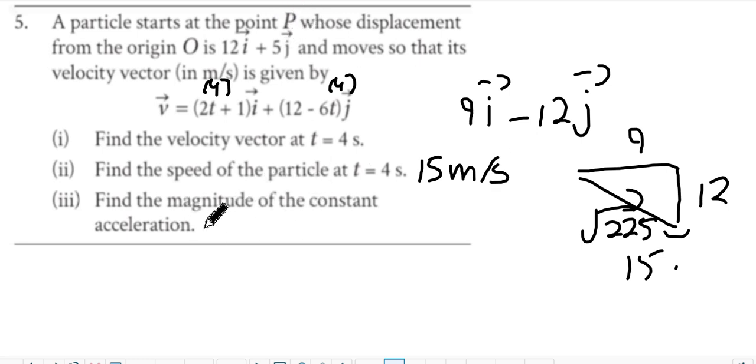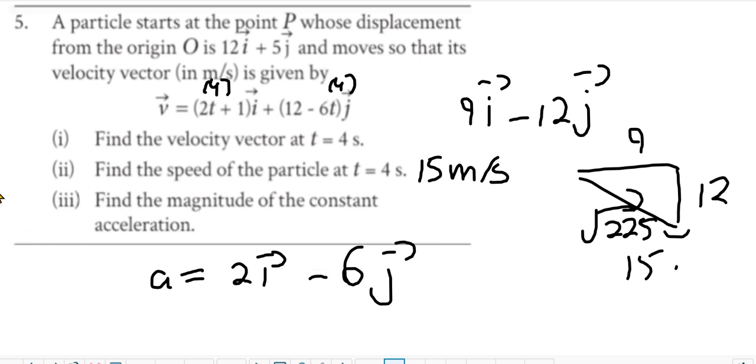Anyways, find the magnitude of the constant acceleration. All right, so we have to differentiate one more time. 2t turns to 2i, minus 6t: 12 turns to 0, and minus 6t differentiates to minus 6.